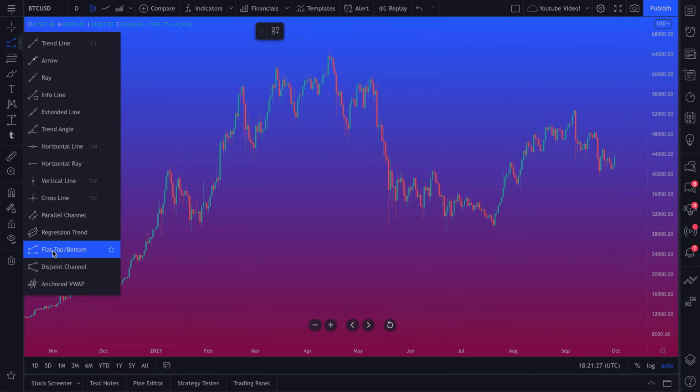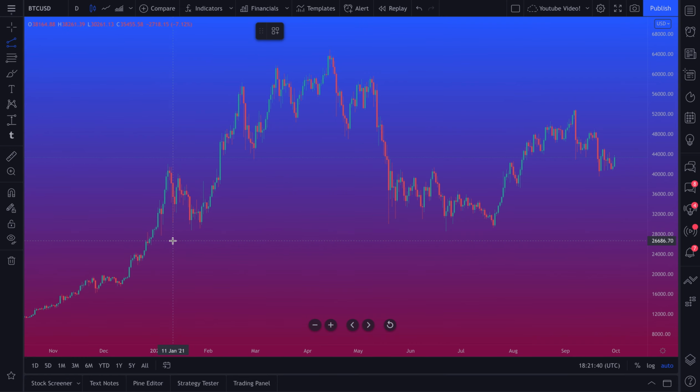So the flat top bottom channel is just as it looks. You're going to create a channel or a drawing that has a flat top or bottom and then a trend on the other side, so top or bottom. Take a look. This is going to be the flat bottom.